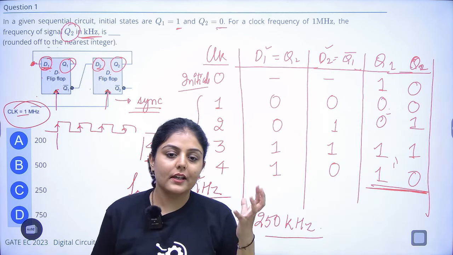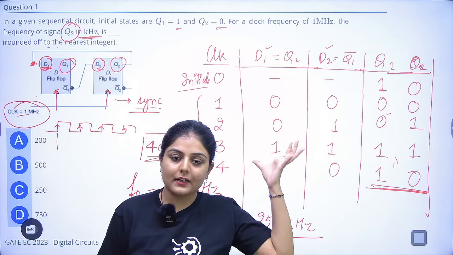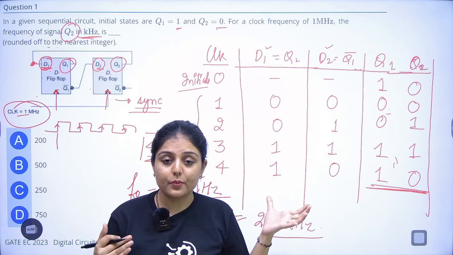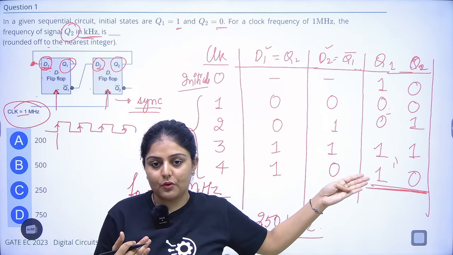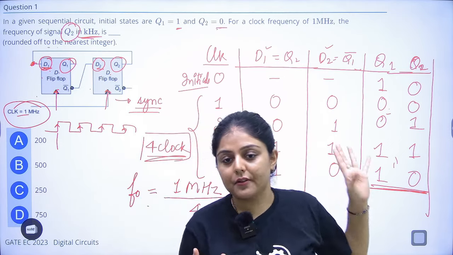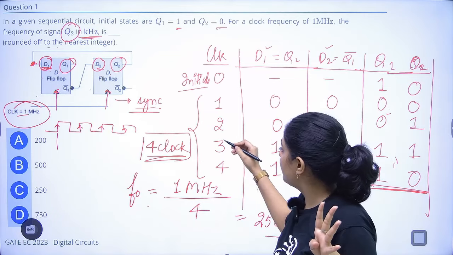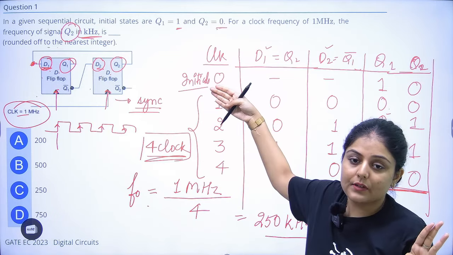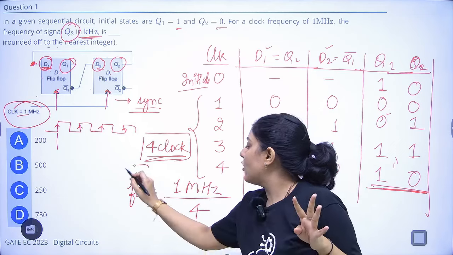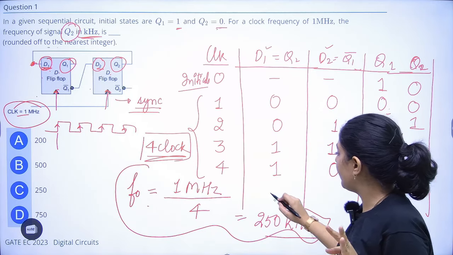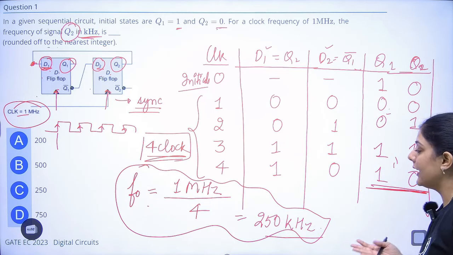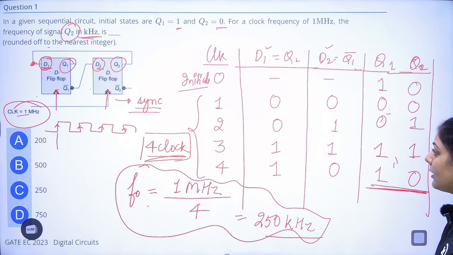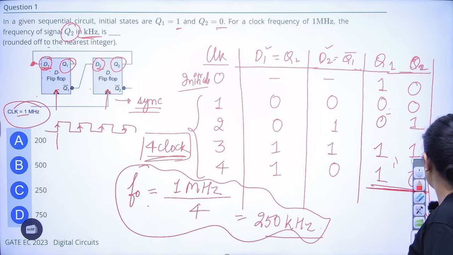The main clock is 1 megahertz and the output repeats itself after four clocks, 1, 2, 3, 4. So the output frequency will be 1 megahertz divided by 4, equal to 250 kilohertz. Easy? Moving to the next question.